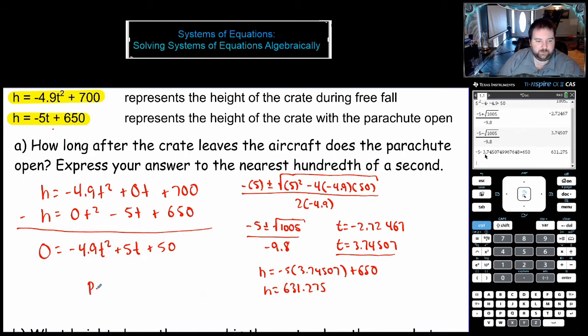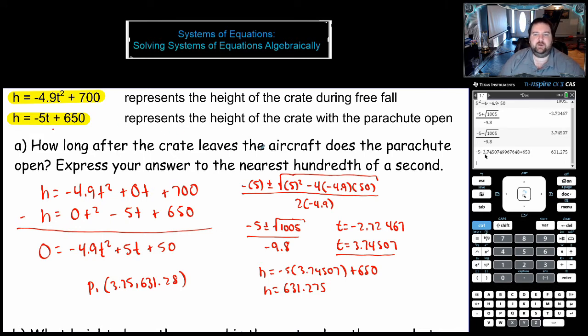So our point is going to be, let's round to 2 decimal places. Express your answer to the nearest hundredth. So round to 2 decimal places. So 3.75 and 631.28. Okay, so there's our point.